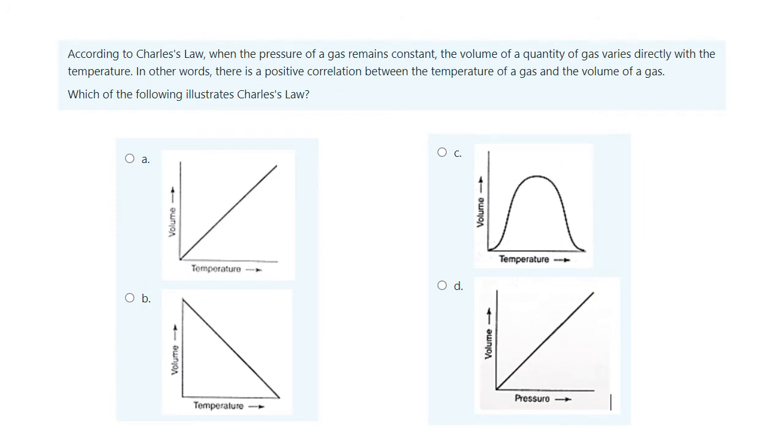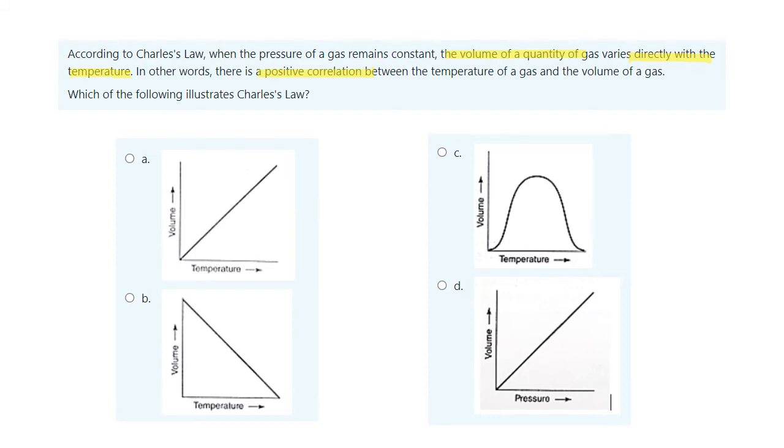Question number 28. According to Charles's law, when the pressure of a gas remains constant, the volume of the quantity of gas varies directly with temperature. So the volume of the gas varies directly with the temperature. In other words, there is a positive correlation between the temperature of the gas and the volume of the gas.